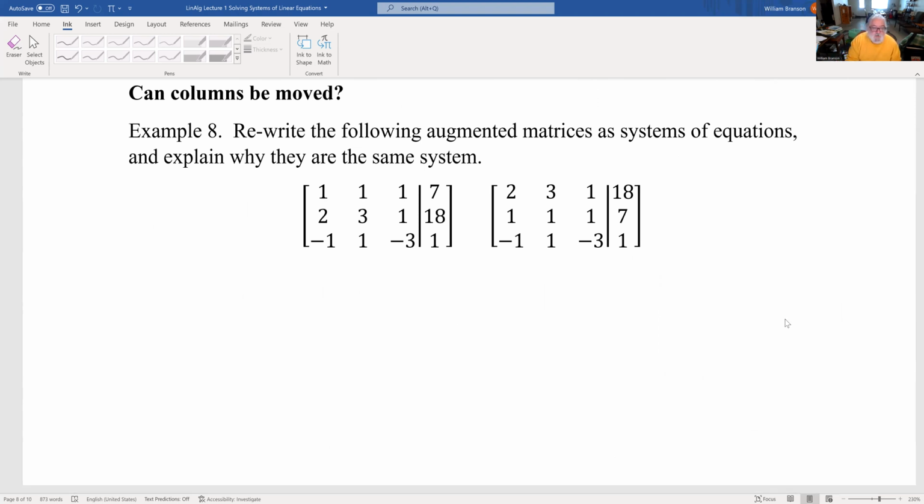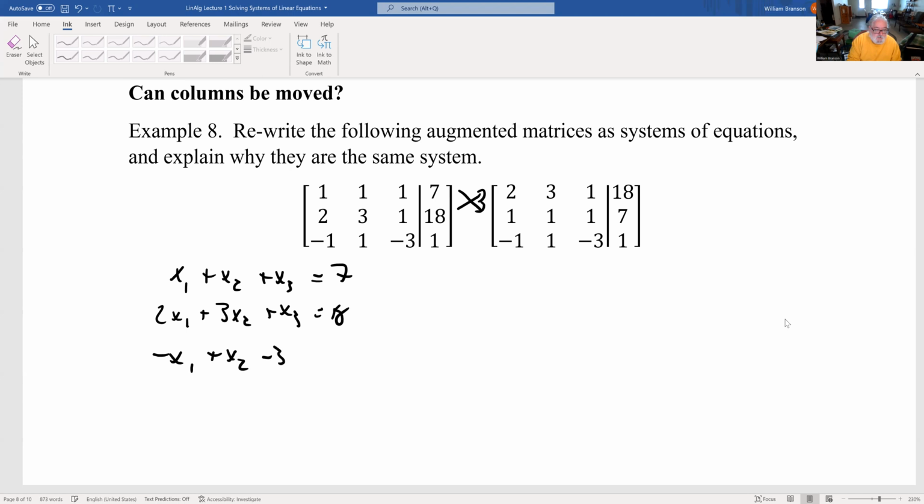So here, these are the same, we just switched the rows. And so as equations, they become this. Remember, this is my x1 column, my x2 column, this is my x3 column.